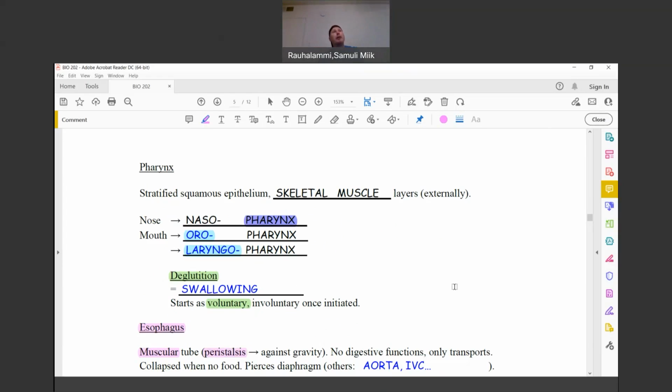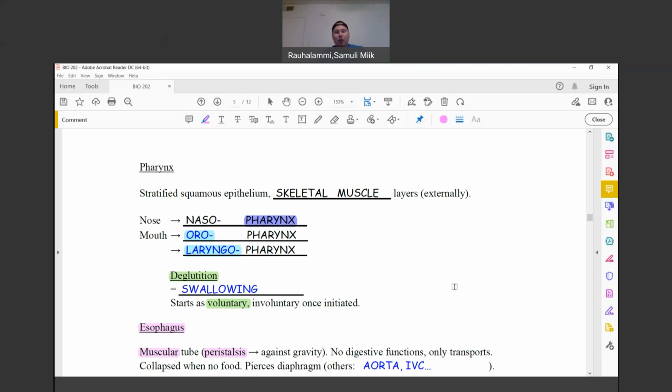This would apply if you're in a zero gravity situation, for example, in space. You can still swallow food and it's going to travel from your mouth to your stomach. You can even stand on your head and drink water, and the water will go up against gravity from your mouth to your stomach. So the oesophagus, in that sense, yes, there's physiology, but there's not a lot going on in digestive functions, absorption or anything like that.